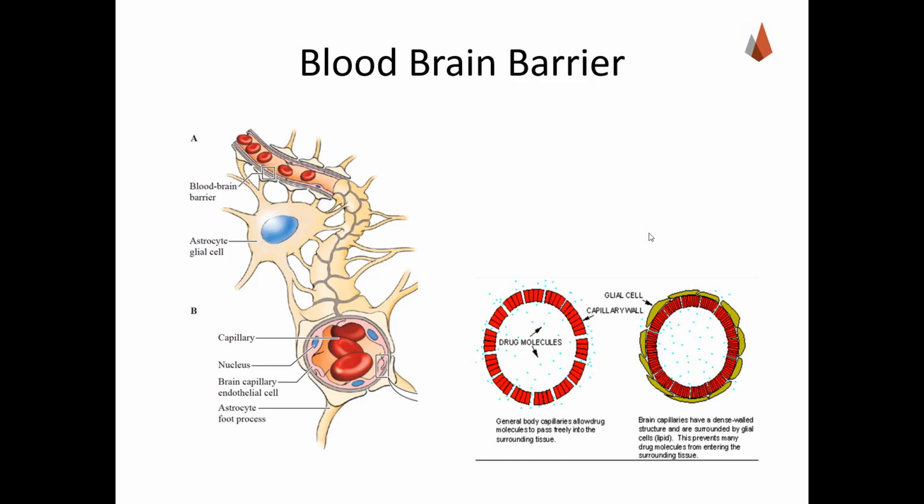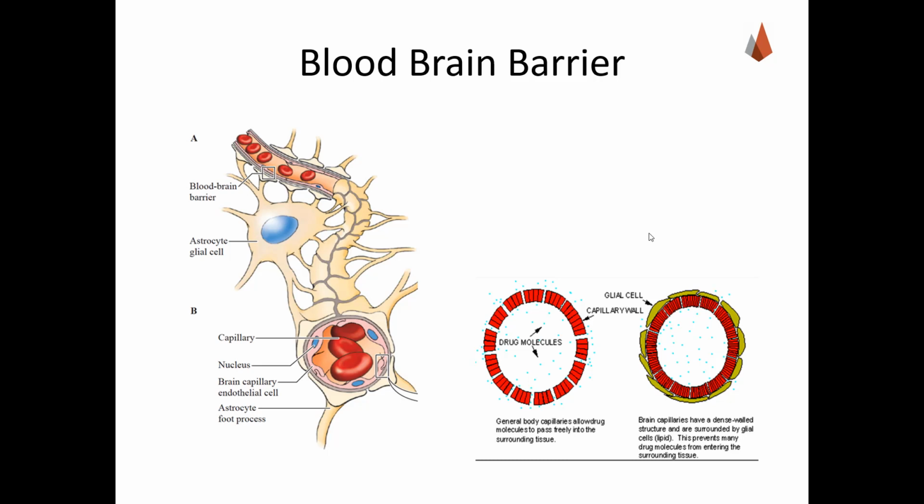But when the capillaries get into the brain, the wall of the capillary itself becomes much more dense. So those gaps are much smaller, and that means that for anything to get out of the capillary, it has to be a specific structure and it has to be a specific size. Because not only does it have to get through the capillary now, it also has to get through that glial cell wrapping that you have around the capillary, right?